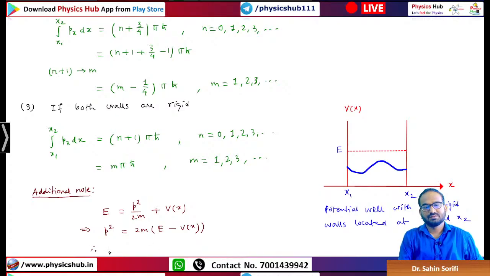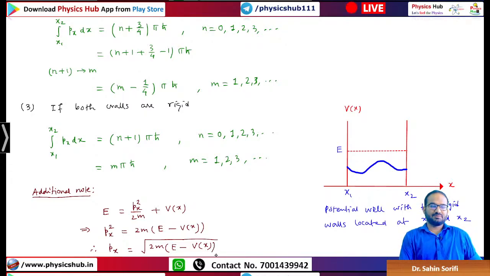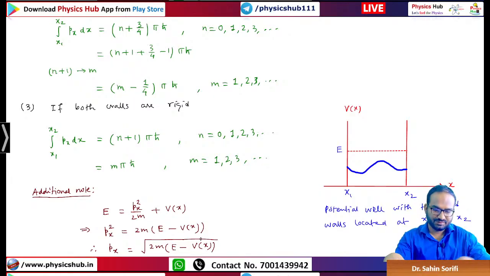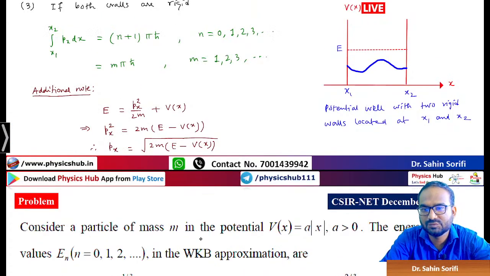So from this we can write p x, square root of twice m times E minus V of x, if I take the positive value. So this p you can replace here depending on the situation, and by putting the limits and equating it to this right hand side, you will get the answer. You can find out the energy of different states. Is it clear? Let's move on.